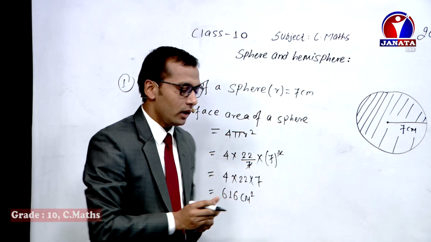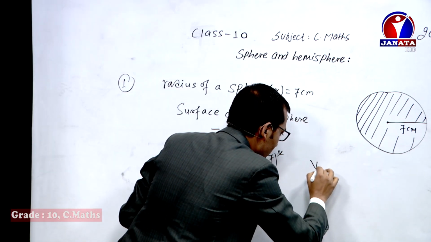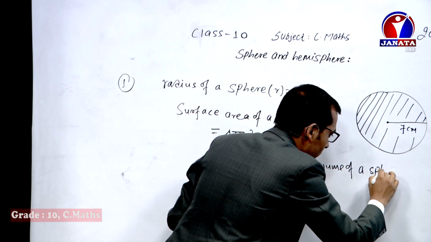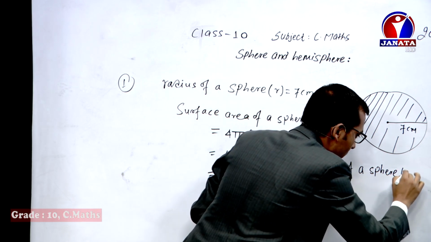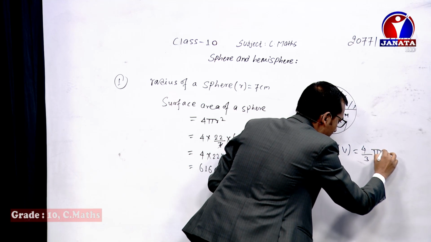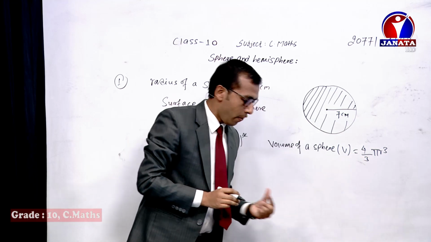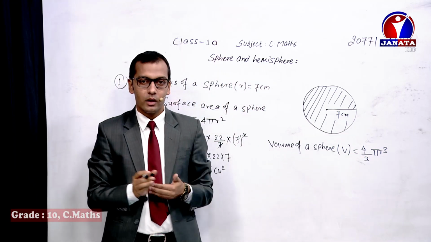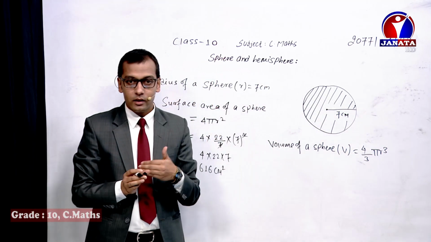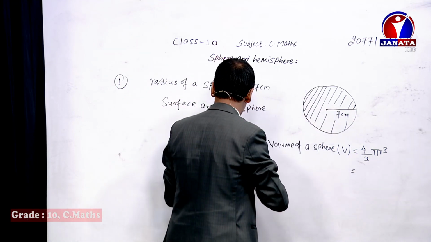Now let's calculate the volume. Volume of a sphere is 4 over 3 times pi r cube. So this is the formula of volume of a sphere. Here we know the radius, it's 7 centimeter, and pi is a constant, its value is 22 over 7.